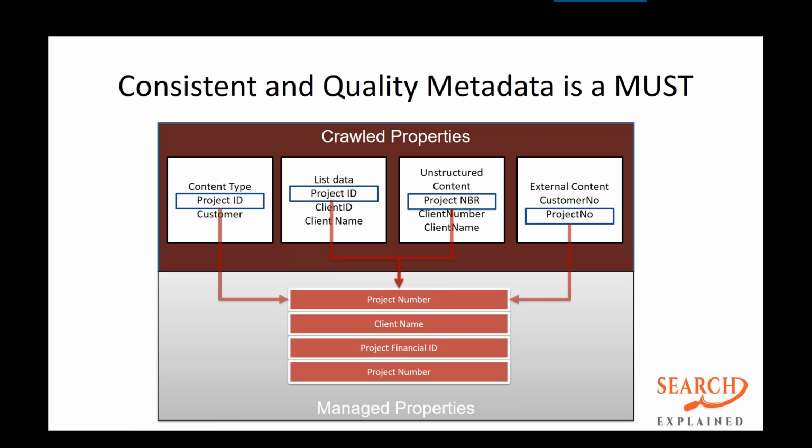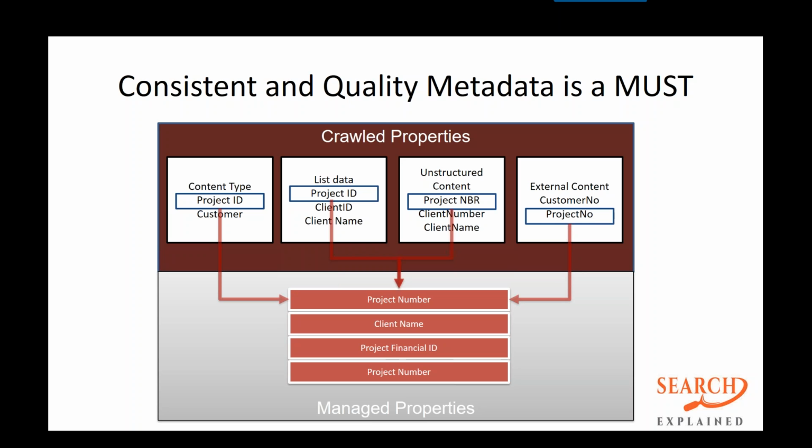Besides having metadata, it is also important to mention that having consistent and quality metadata is really, really important. It's a must. Let me show you an example here. When we crawl a content source, every property in that content source becomes a crawled property in search.